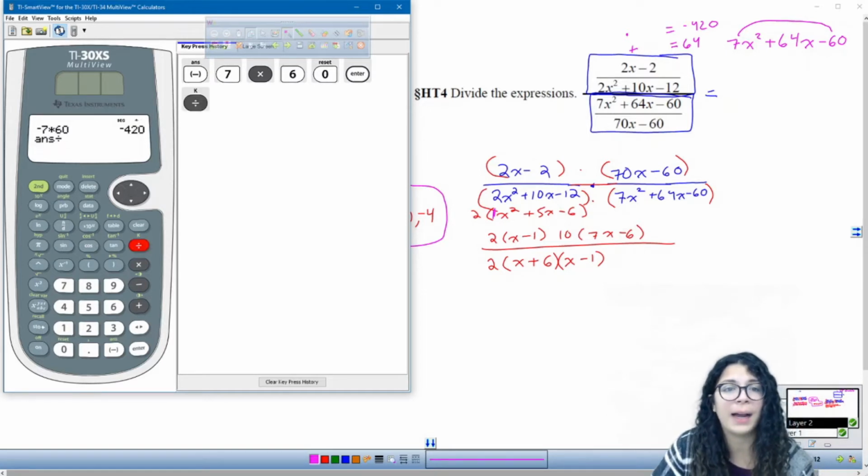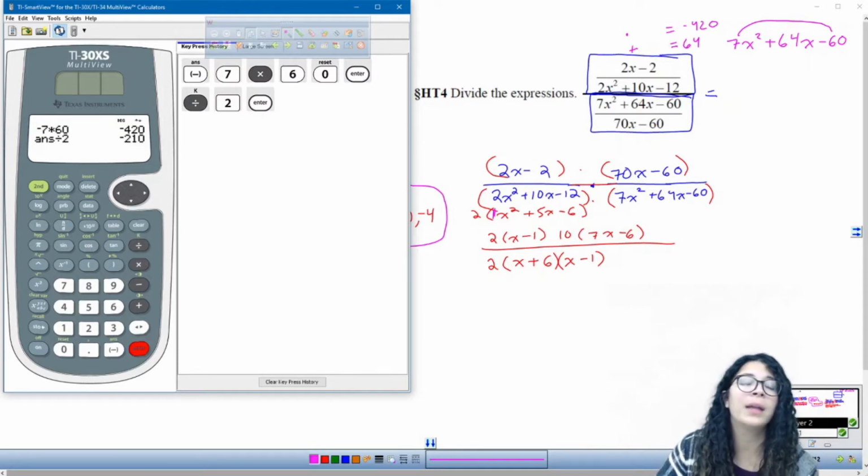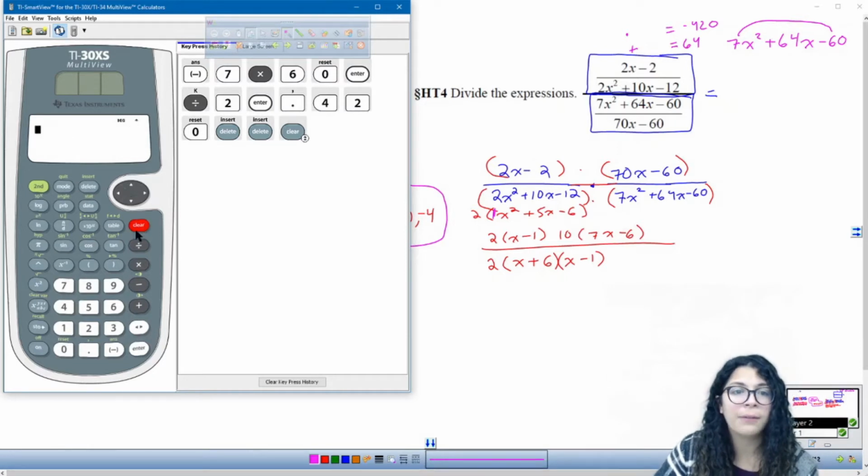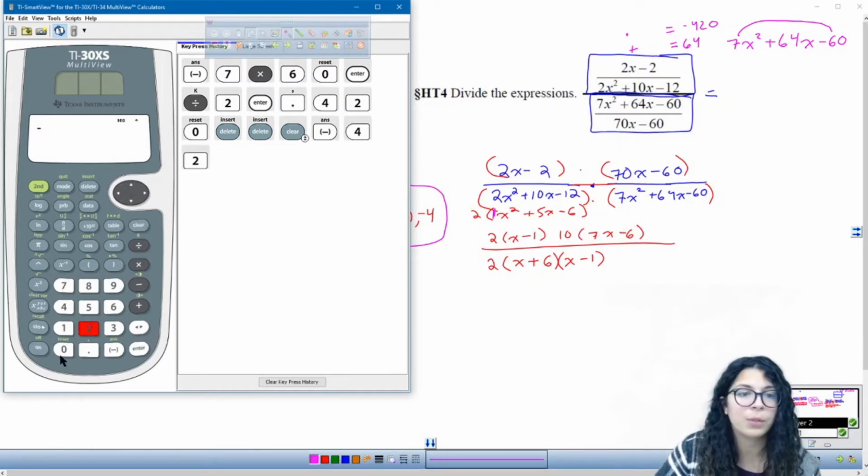You can try to divide. So negative 420 divided by 2, and then check, do 2 and negative 210 add to 64? No. So negative 420 divided by 3, and so on and so forth. If I continue, negative 420 divided by 4 and negative 105 don't add to 64.